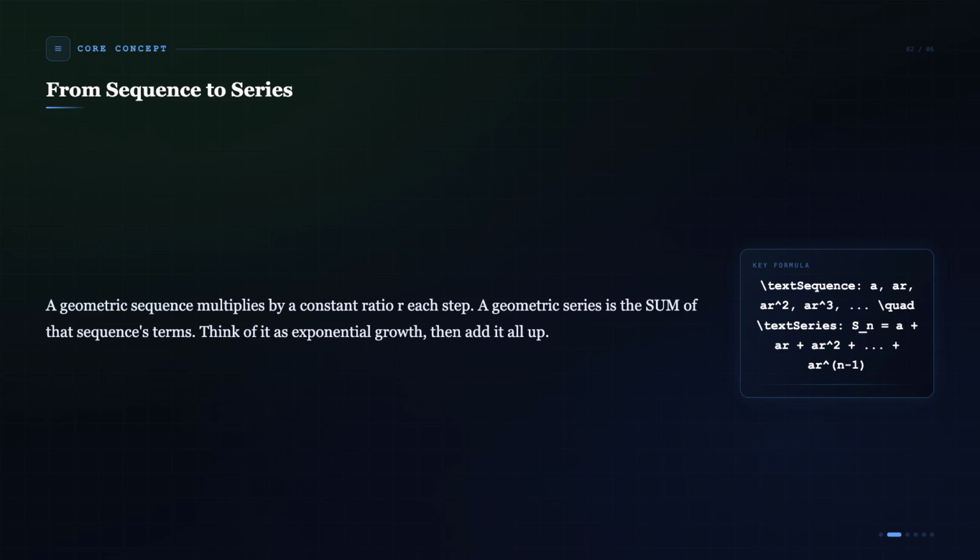Let's test it with our simple example. We want the sum of the first 4 terms. a is 3, r is 2, and n is 4. Plugging into the formula, we get S sub 4 equals 3 times the quantity 1 minus 2 to the power of 4, all divided by 1 minus 2. That's 3 times 1 minus 16, all divided by negative 1. 1 minus 16 is negative 15, so we have 3 times negative 15, which is negative 45.